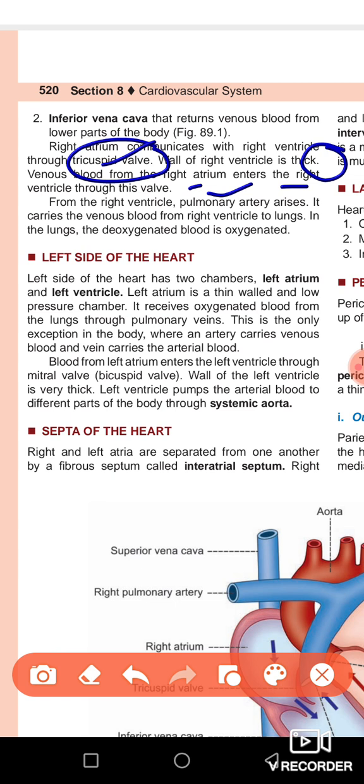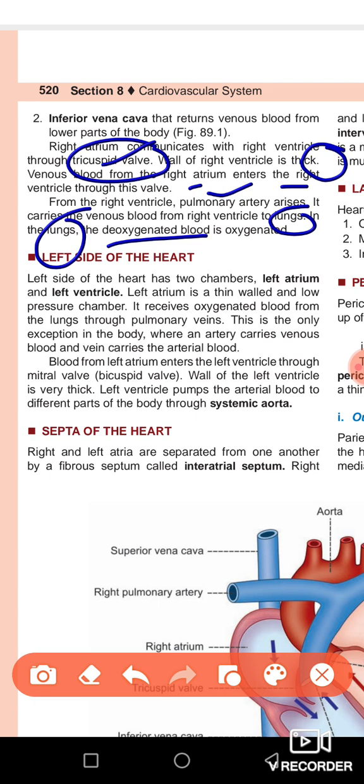This pulmonary artery goes to your lungs. It is divided into left and right, and they go to your left lung and your right lung. They transport your deoxygenated blood to your lungs, and the lungs convert this deoxygenated blood into oxygenated blood by removing carbon dioxide.